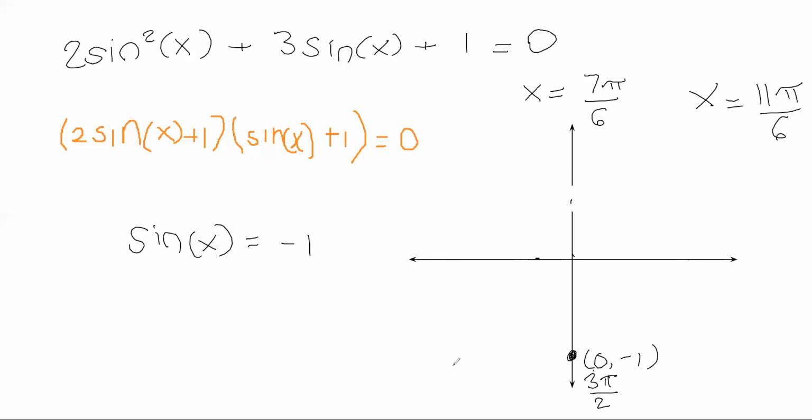We're reaching a minimum, so 3 pi over 2 is our only solution. That's why our last thing we were solving had 2 solutions, but this only has 1. So our solutions would be 7 pi over 6, 11 pi over 6, and 3 pi over 2.